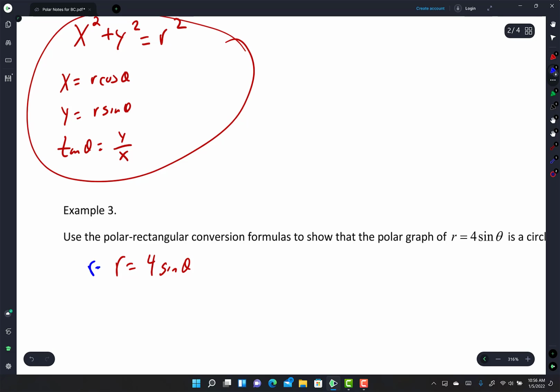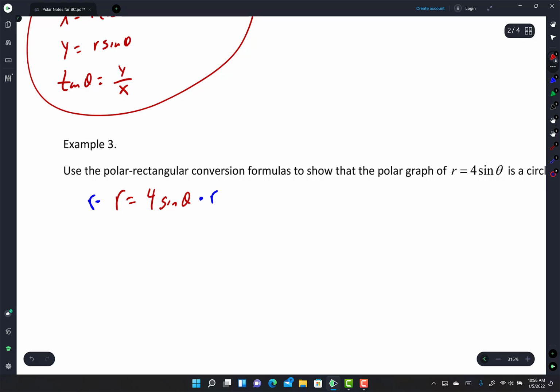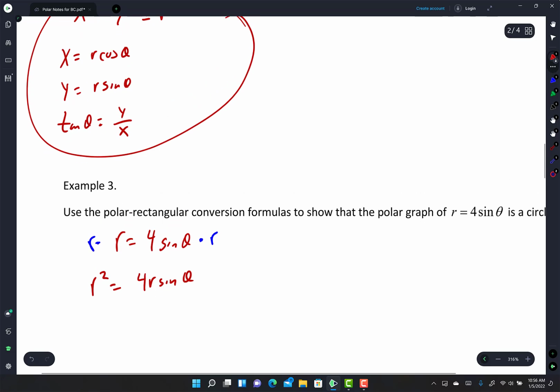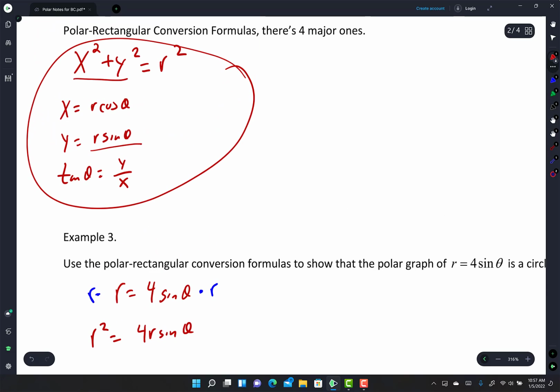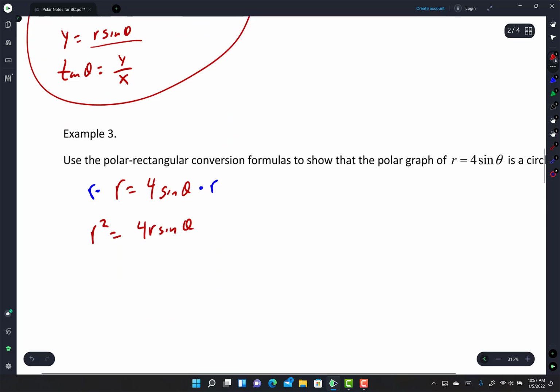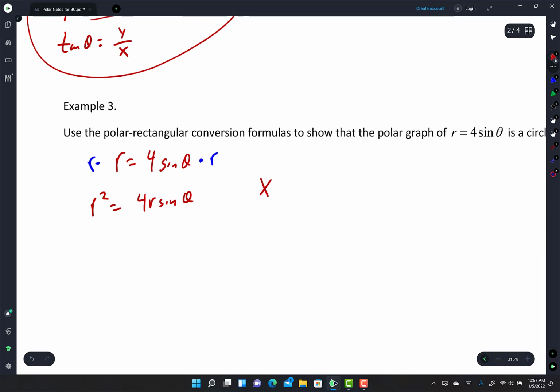Whatever you do to one side, you have to do to the other. So now I have r squared equals 4r sine theta. Then I look at my little formulas here, and I see that r sine theta is y. And I see that r squared is nothing more than what? x squared plus y squared. So I'm going to write x squared plus y squared on the left, because that's what r squared is, equals 4y.